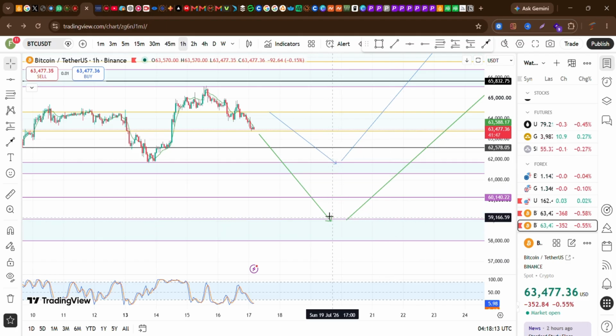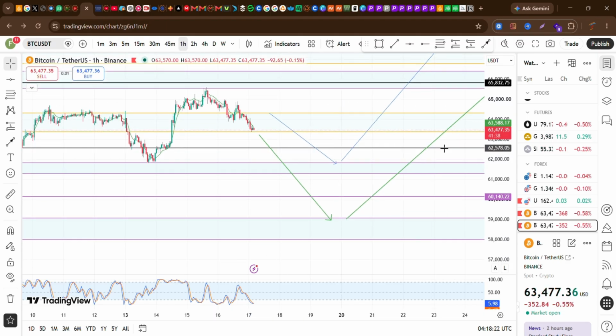This is our intended zone. So when it does that, that's when we actually go in for our entry.